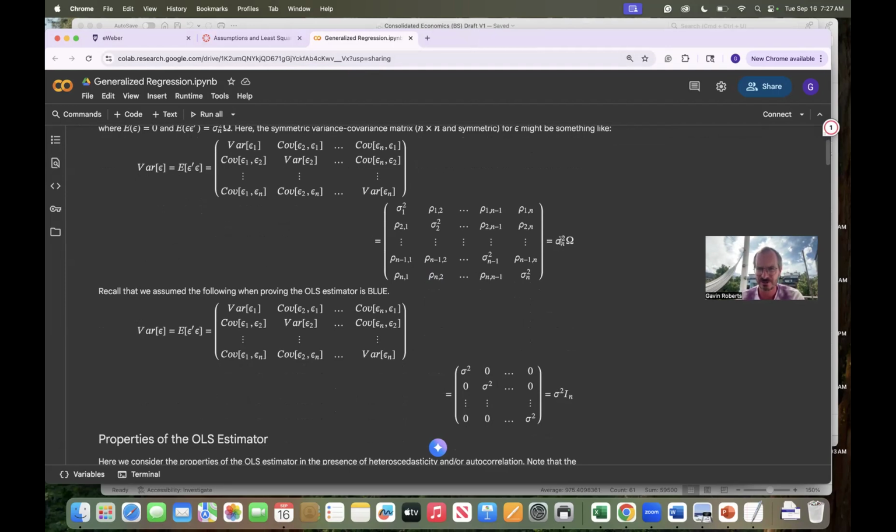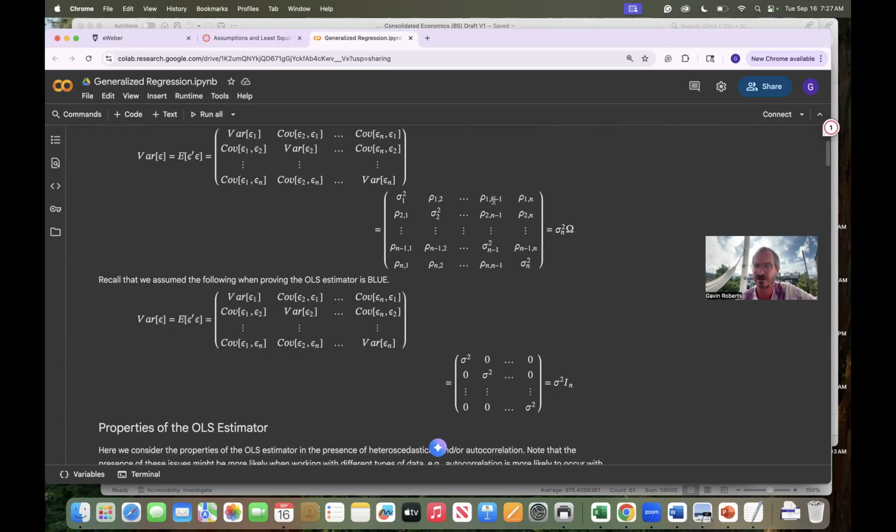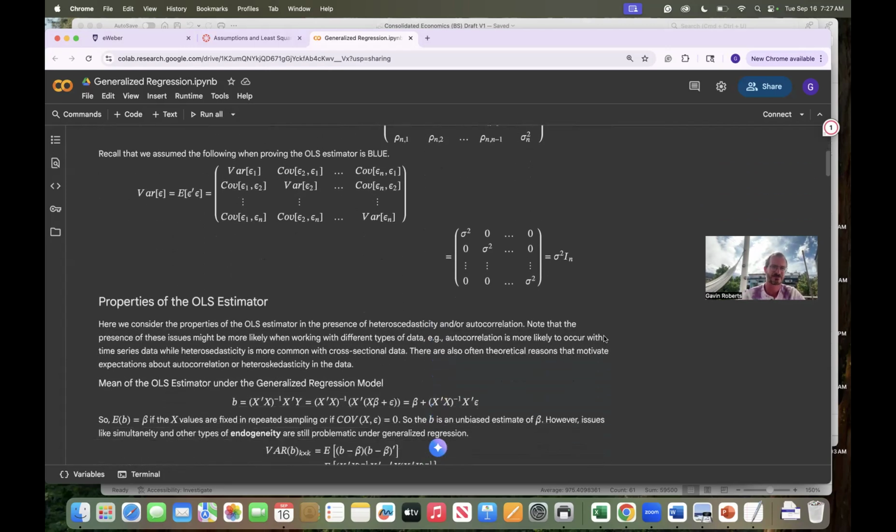Notice that we can pull the sigma squared out, and then we'd have ones on the diagonal potentially, and an omega matrix in here. So this sigma squared is like a common sigma. There are a lot of different ways to represent this matrix, but in general, recognize the difference between going from here to here. This is our basic assumption about spherical disturbances. This is when we bring in autocorrelation and heteroscedasticity.